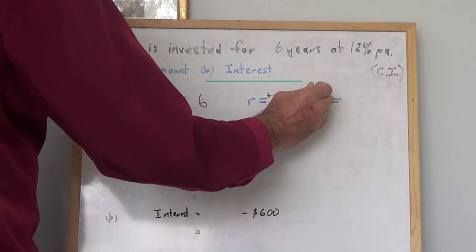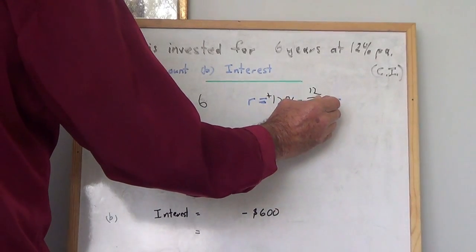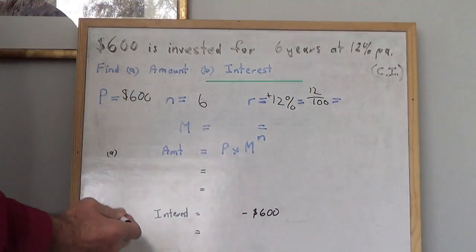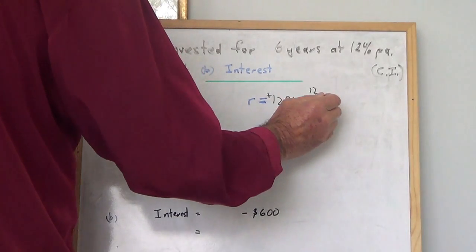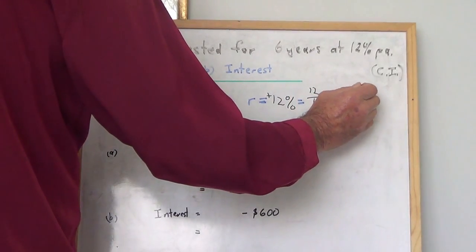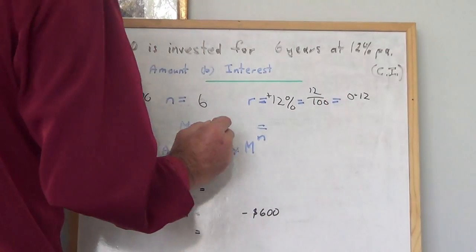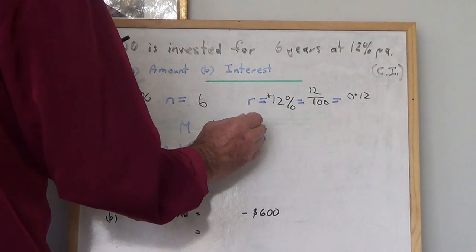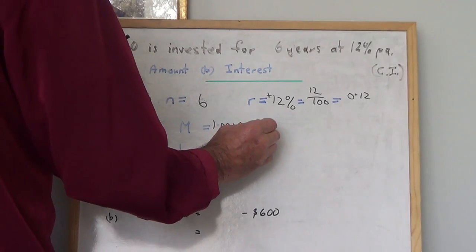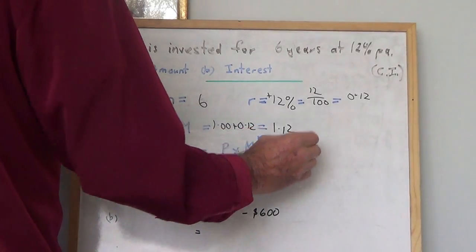That's 12 over 100. Percent means per 100, so if you divide 12 by 100, you'll get 0.12, and that will be 1.00 plus 0.12, which is 1.12.